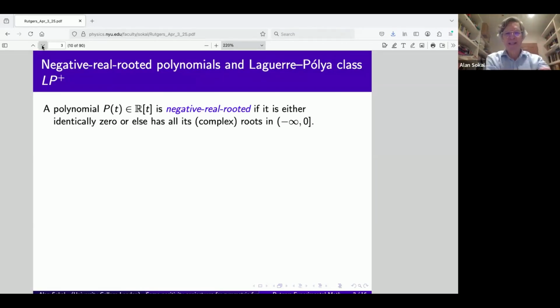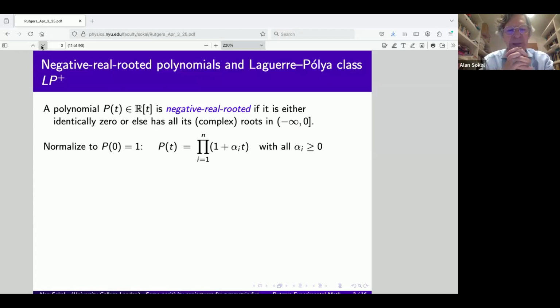Or the polynomial is identically 0. I want to define it in a way that's closed under limits. So if the polynomial is either identically zero or has all its roots on the negative real axis, then we call it negative real-rooted.